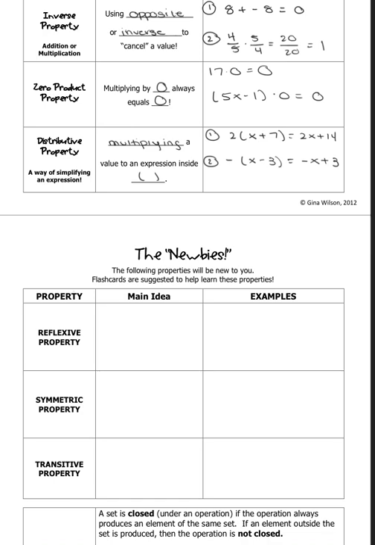The following properties will be new to you. Flashcards are suggested to help you with these properties. The first one is the reflexive property. The main idea behind the reflexive property is that a value will always equal itself.